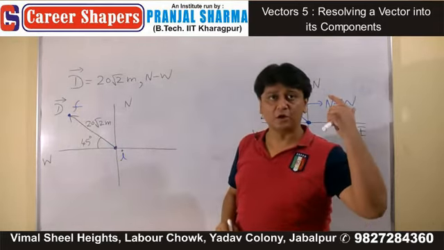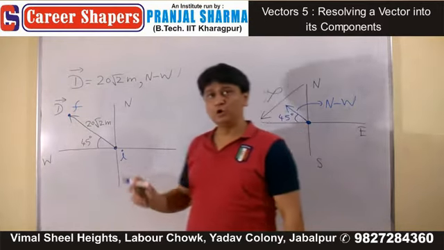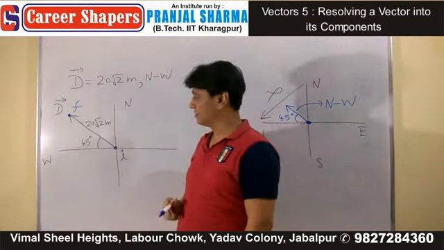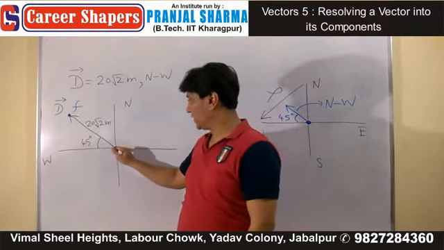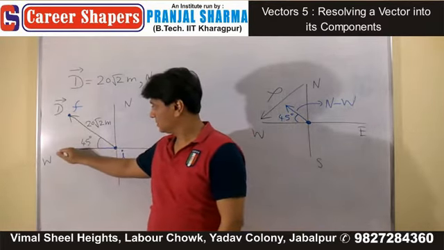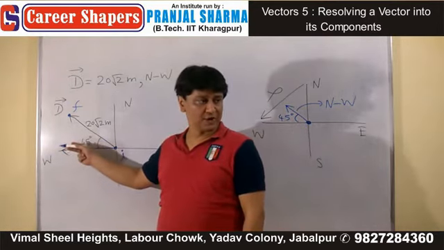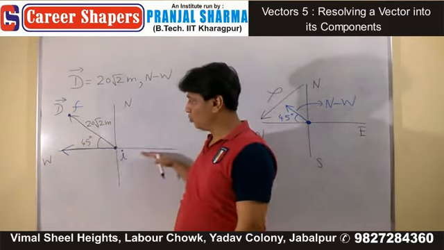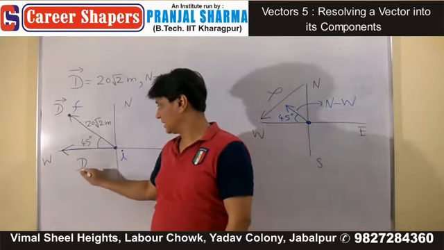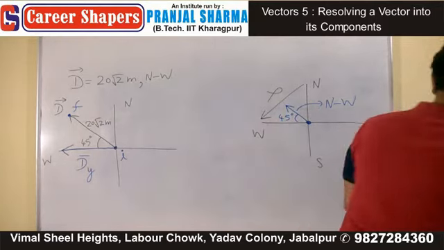So when I say resolve this vector into its components, it means you could have reached the same position had you followed this path. First, move west. I hope you can see it. First, move west. We'll call it dx vector.